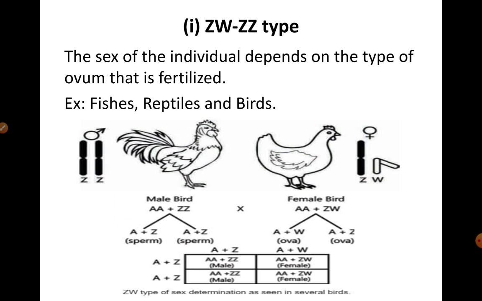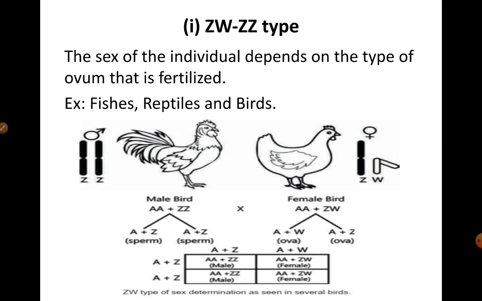Here the male bird is represented, and since we know that the male is homogametic, it is represented by similar chromosomes, that is ZZ, whereas the female bird is represented with ZW, because females are heterogametic.